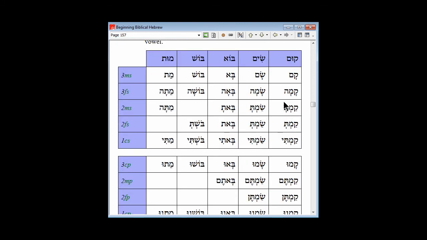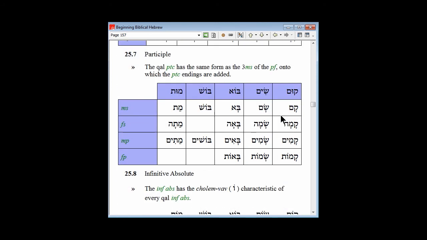Let's go up here again with the perfect. So for your singular participle forms, or your two most basic perfect forms, third masculine singular, third feminine singular, they're going to be identical to the masculine singular and feminine singular participle forms. Beyond that, it's an easy tell. You've got the eem ending and the ot ending, which you would expect for your plural participles.